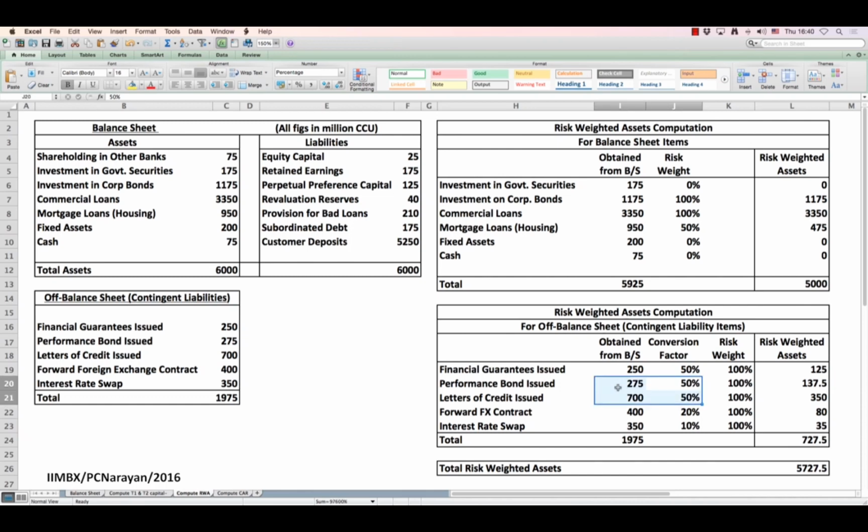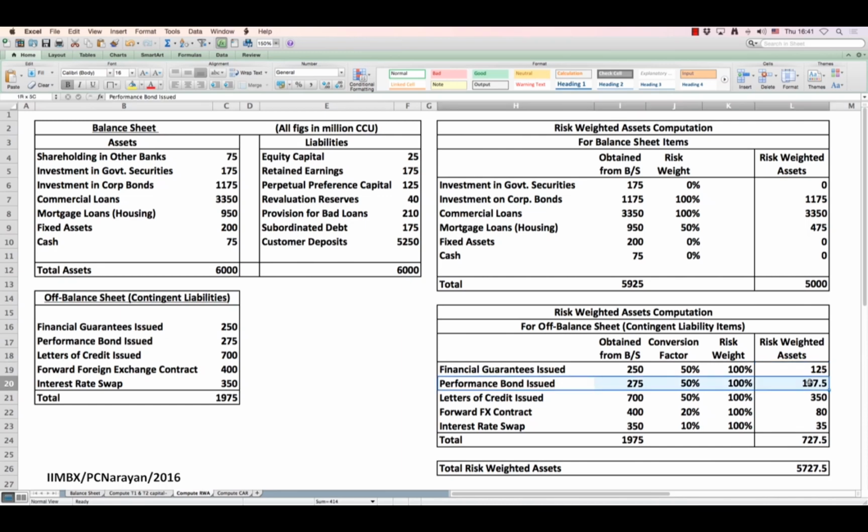In other words, the amount at risk is not the 250 but 50% of that 250. There is a 1 in 2 chance that this financial guarantee would devolve on the bank. However, when it devolves, the bank will be called upon to pay 100% of whatever is defaulted. So 250 into 50% into the 100% gives you this figure of 125.